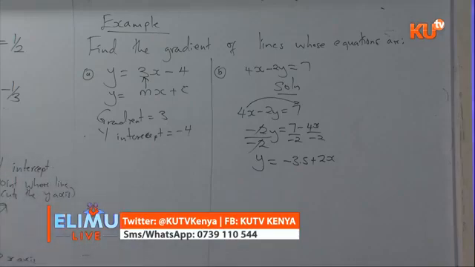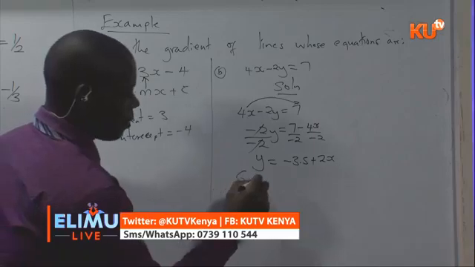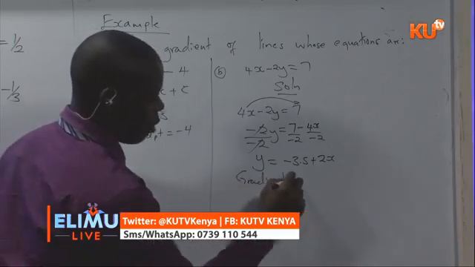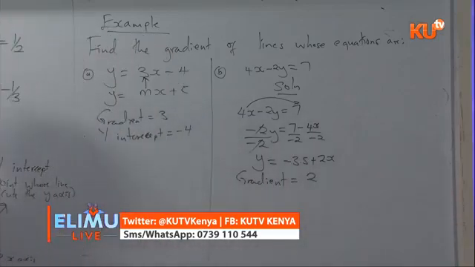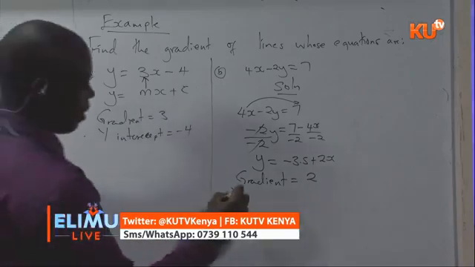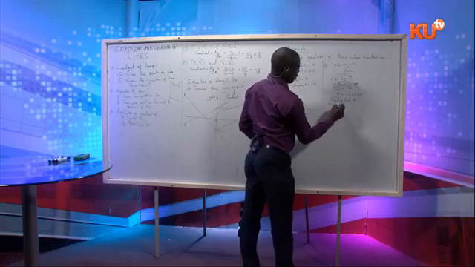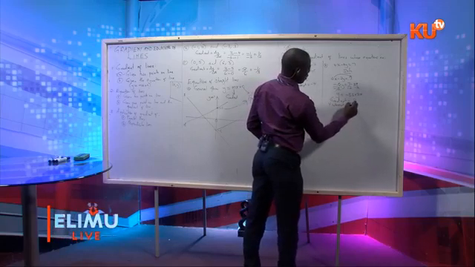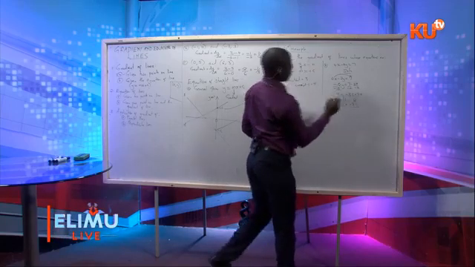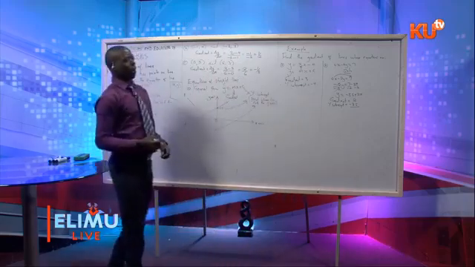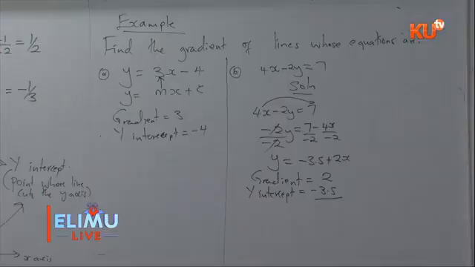In that case, the gradient becomes the coefficient of x, which is 2. The gradient is 2, and the y-intercept is equal to negative 3.5. So we have found the gradient from the equation.